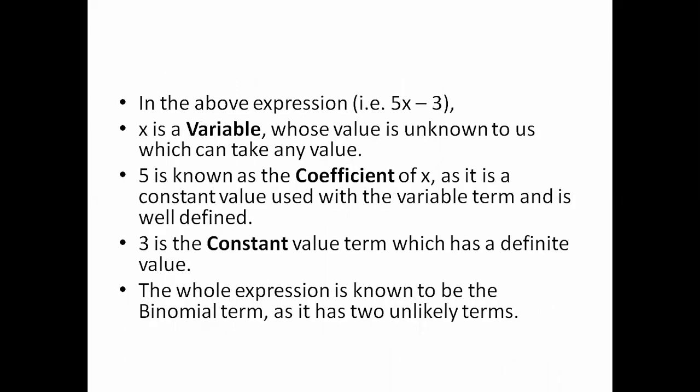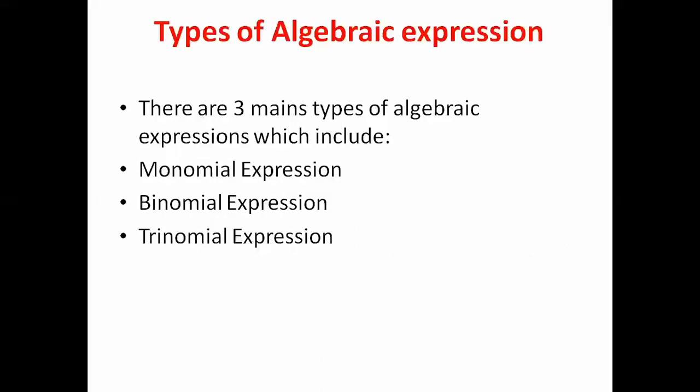So x is a variable and 5 is a coefficient, and the constant is a term which has a definite value. So the whole expression is known as a binomial. That means it is having two terms. This is called a binomial.